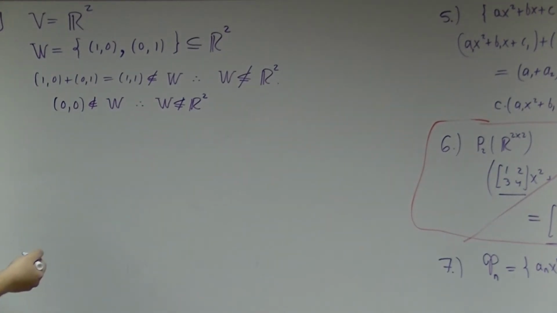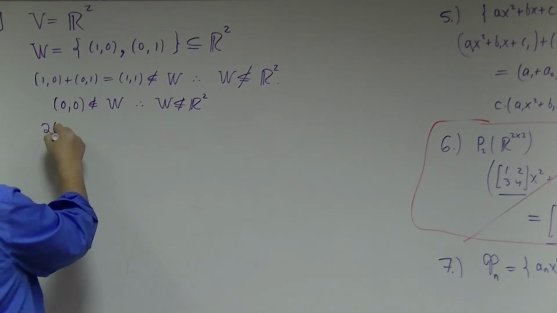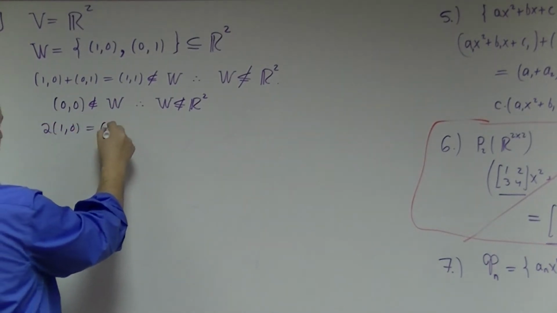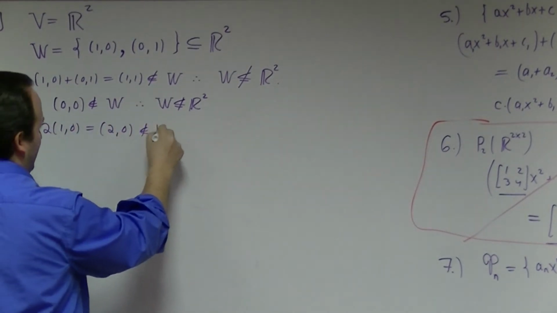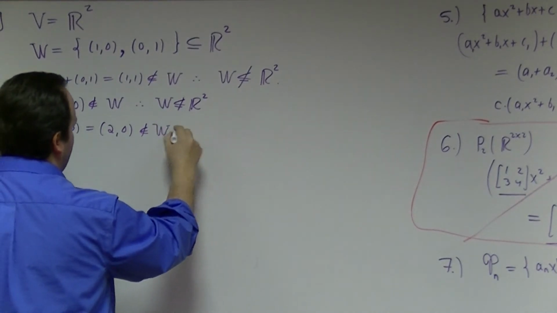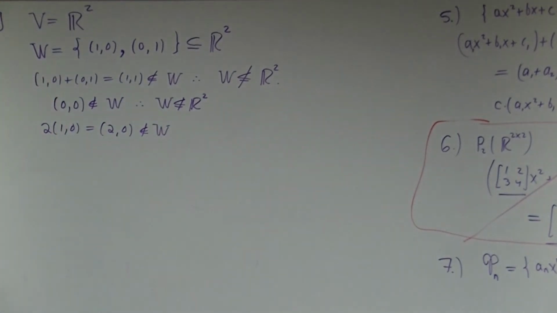Can you think of something else? How about 2 times (1, 0) is (2, 0), which is again not an element of W because it's not closed under scalar multiplication. Axiom 1 is okay, axiom 2 is okay, axiom 3 fails, axiom 4 fails, axiom 5 okay.